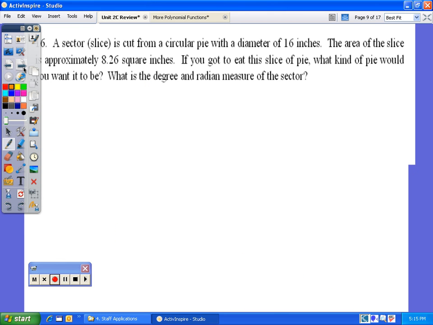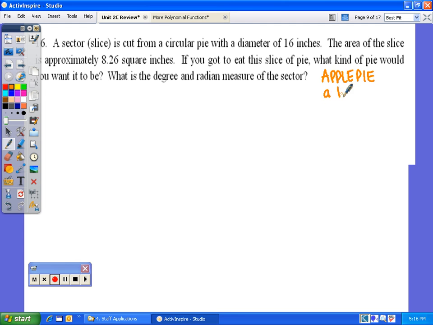Alright, last one is something that you might see. My favorite part is if you got to eat this slice of pie, what kind of pie would it be? Now, I put cherry pie, and in another class I put pumpkin pie, and then someone even said mango pie, which sounds kind of gross. But actually, if it was up to me what kind of pie I would have, the All-American apple pie.